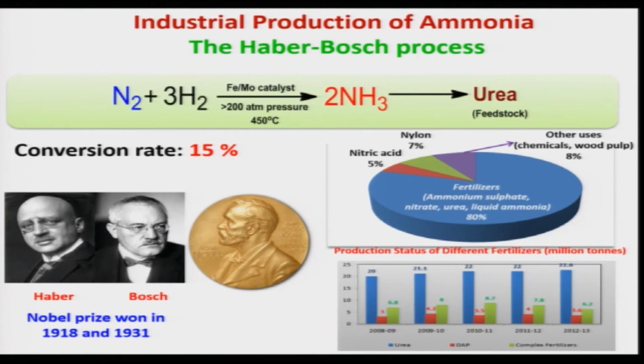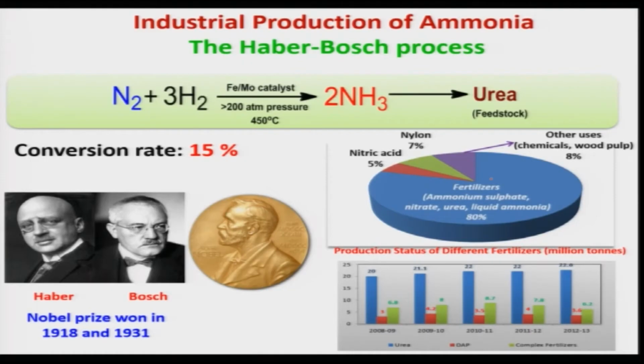This ammonia, which can eventually be converted to urea, is very important for our farmers, because urea is one of the very important fertilizers used in agriculture.